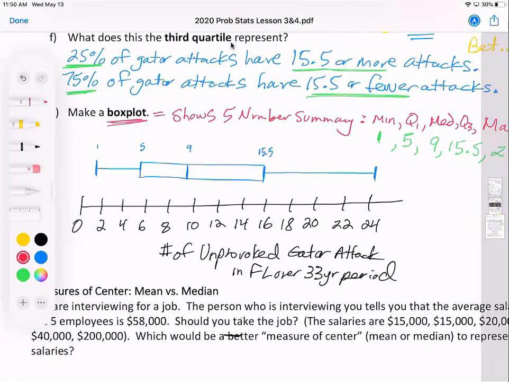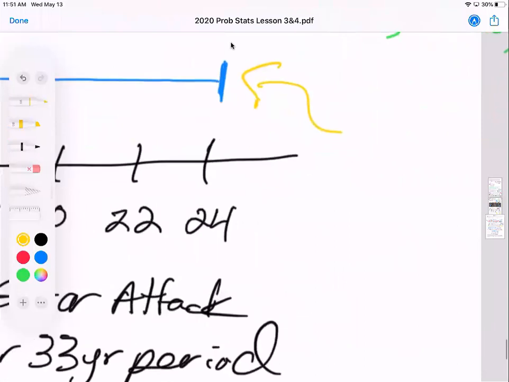Important to note about a box plot, a couple things. With a box plot, we don't know how big the sample is based on a box plot. We can't tell.